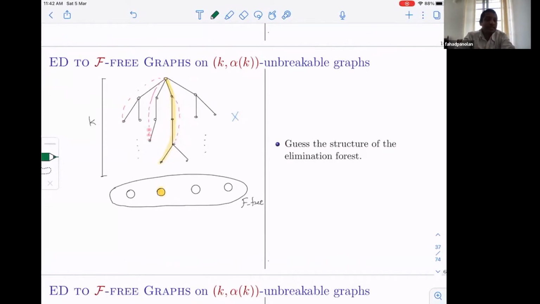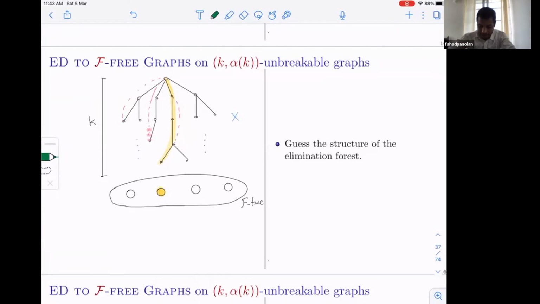It has bounded size; the size of it is bounded by 2 times alpha K plus K. And then I can guess the structure of this forest, how it looks. I don't know which vertex from G will be a root vertex or the first neighbor of the root, but the structure I can guess. That is an f of k guess.